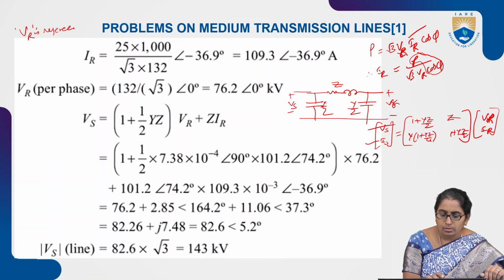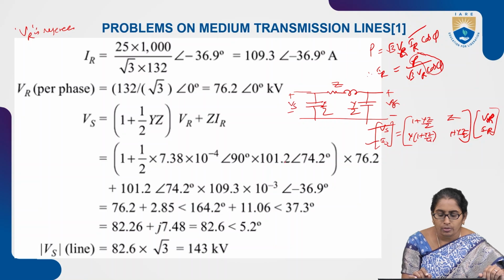Now substituting all the values. Here, 1 plus half into YZ, whose value we already calculated, is 7.38 into 10 power minus 4 at an angle of 90 degrees.